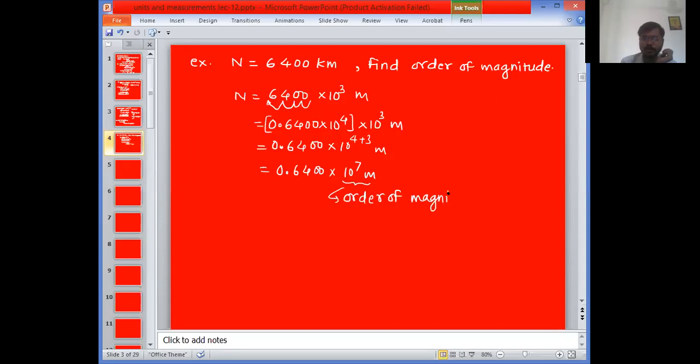You were given the radius of the earth, so this value was the radius of earth.